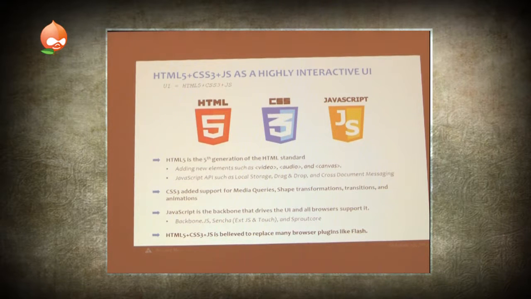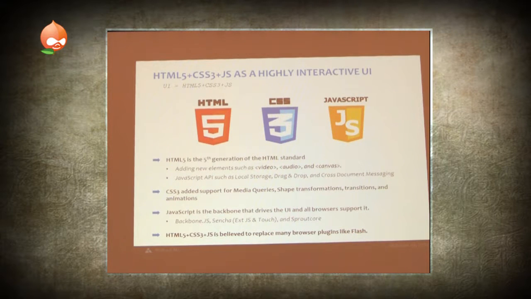CSS3 also supports animations. There are a lot of JavaScript libraries out there that can be used as a backbone to make your client work like an application rather than just static pages, for example Backbone.js, Sencha, and SproutCore. SproutCore is the one I'm going to talk about a little bit later.